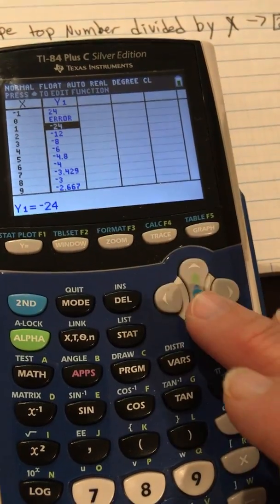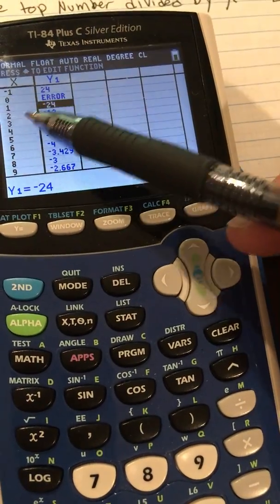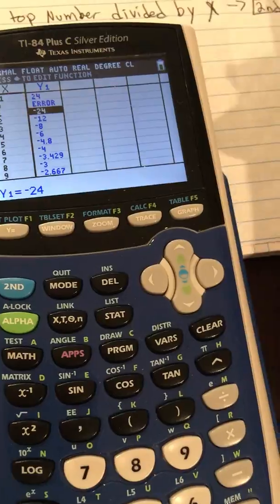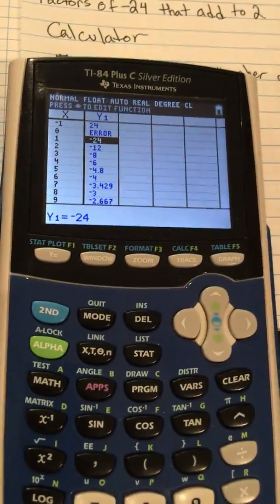Now we're going to look through this list and see which one of these pairs adds to positive 2. Okay? You can do this on your paper or you can just do it in your head, either way.